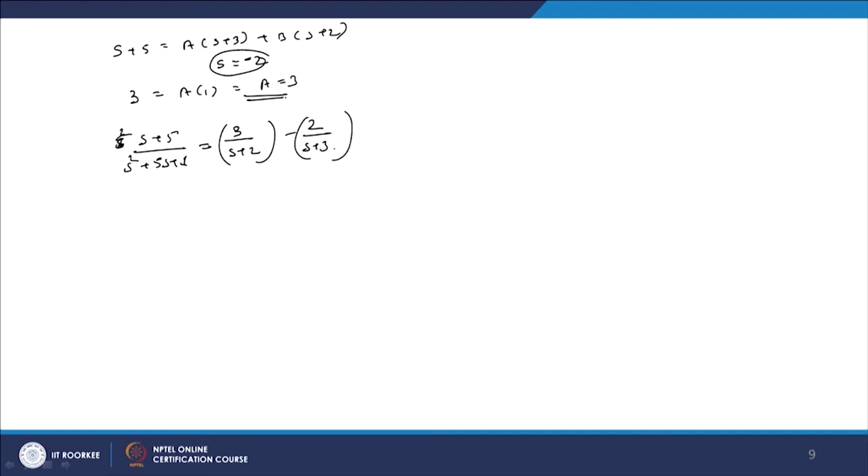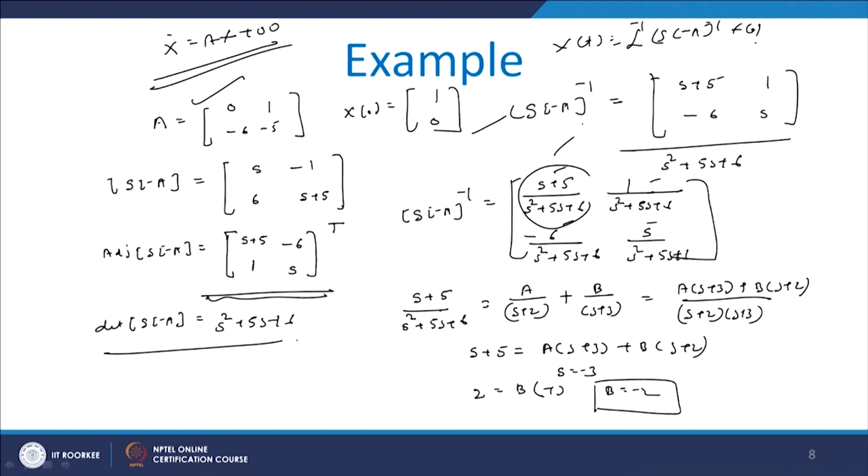Now, if we take the inverse Laplace of this, we will get 3 into e raised to minus 2t minus 2 e raised to minus 3t. So, this part we have determined for this particular function. Now, we can determine for this, this and this.